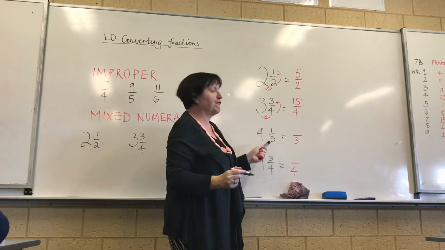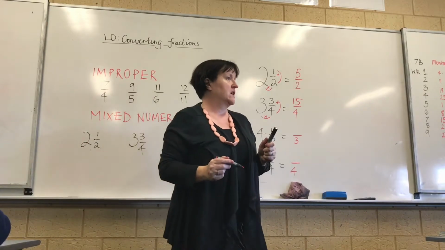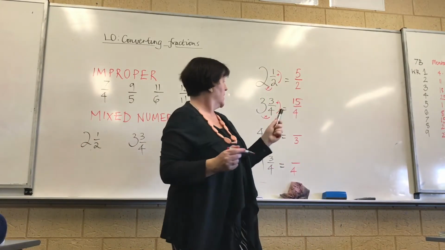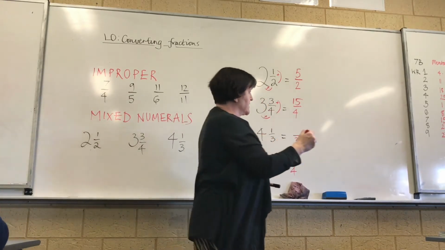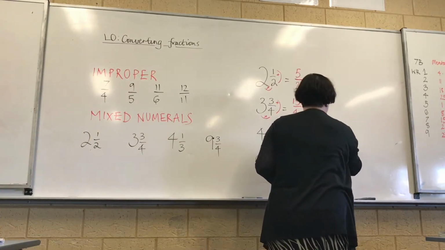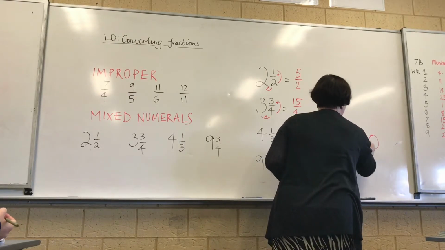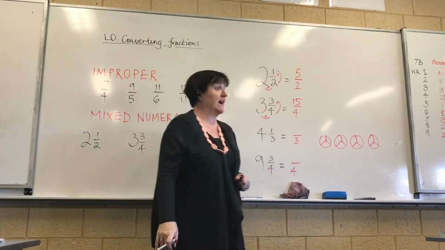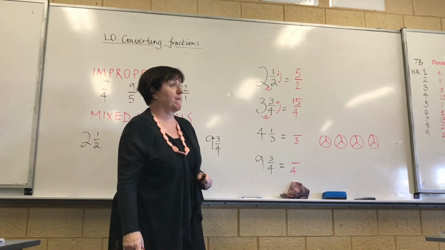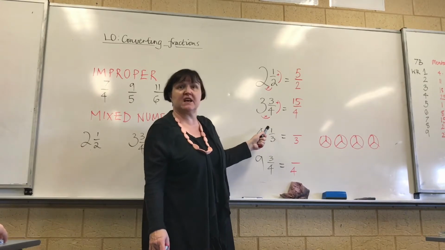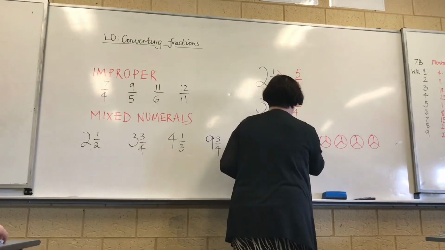This one, if I've got 4 whole ones, all divided into thirds, how many thirds do I have? 12. And then we add this one in, gives us 13.